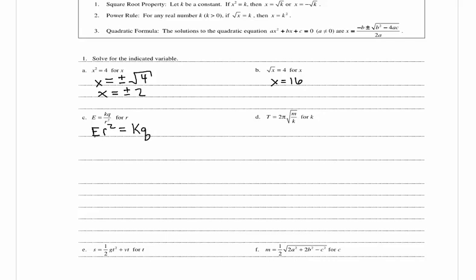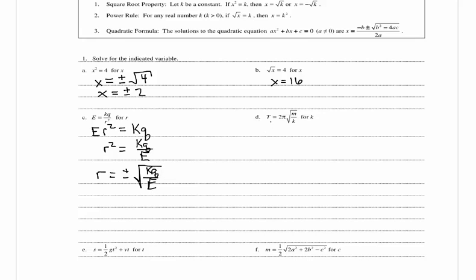And now I'm going to divide by E. So I have r squared is equal to k times q divided by E. And now we're going to take the square root of both sides. So we have r is equal to plus and minus the square root of k times q divided by E. And for C, we used the square root property.